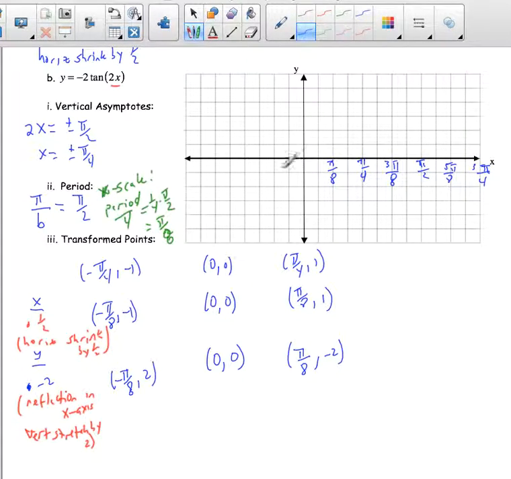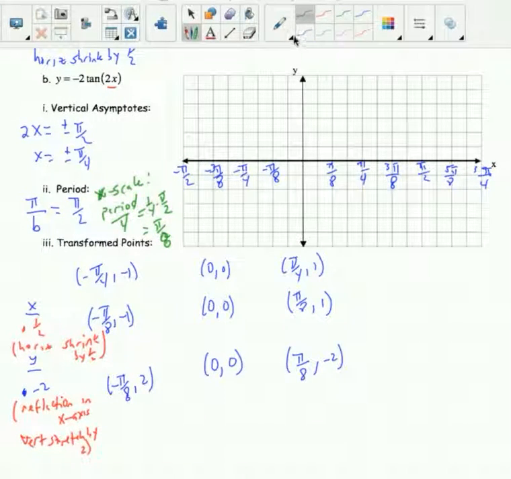And then we'll write similar points in the negative direction. So negative pi over 8, negative pi over 4, -3 pi over 8, -4 pi over 8, which is -pi over 2.